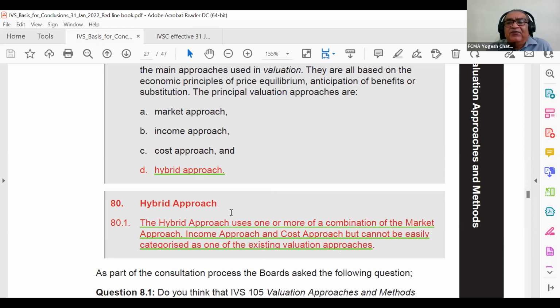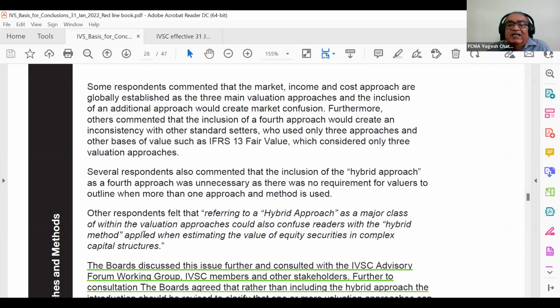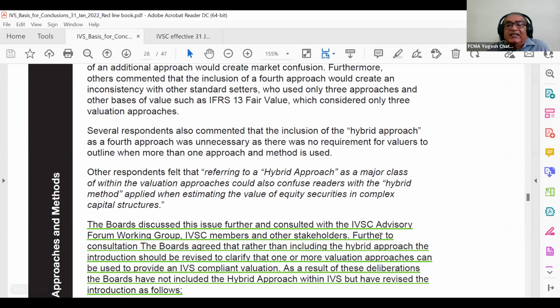But after a very wide range of discussion, the ultimate decision of the board is this. It is highlighted with a green underline. The board discussed this issue further and consulted the IVSC Advisory Forum Working Group, IVSC members and other stakeholders.